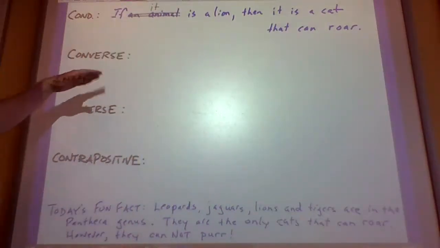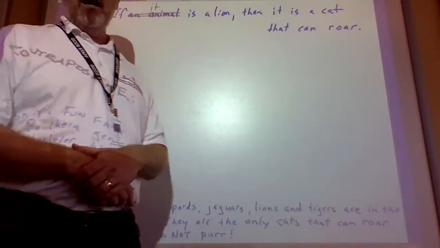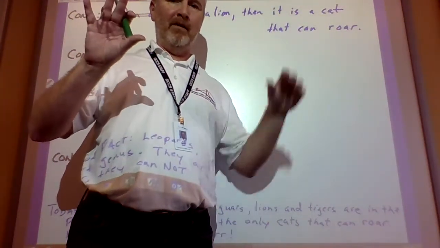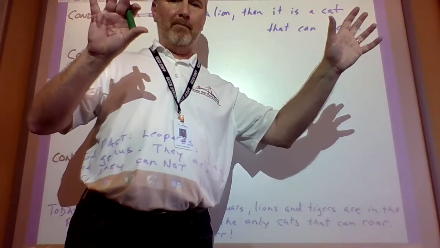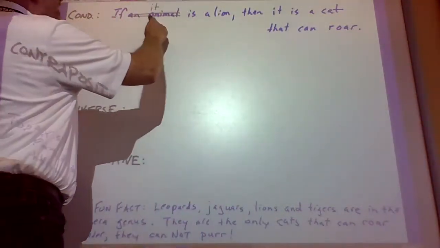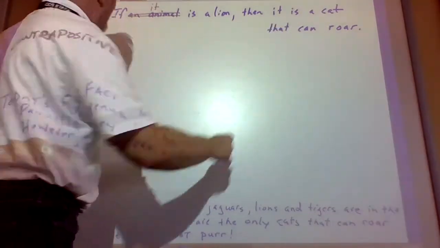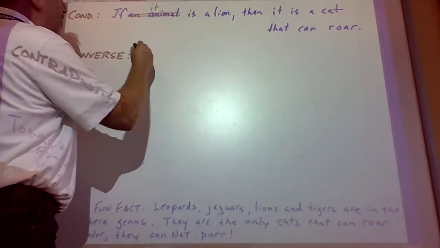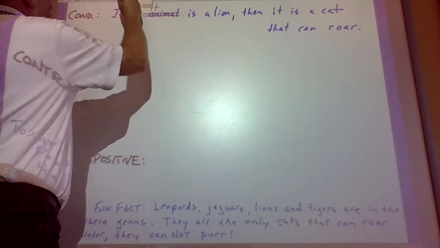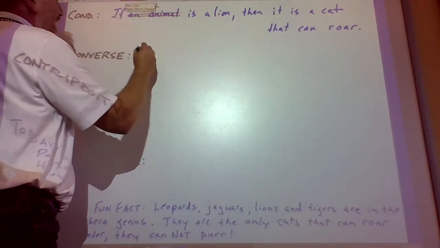All right, so the converse of that. Now remember, converse is when you take the hypothesis, which is the if part, and the conclusion, which is the then part, and simply switch them. So if my original is, if it is a lion, then it is a cat that can roar, the converse would be, let's put this in a red color. Let's go Charlestown blue for the big game tonight.